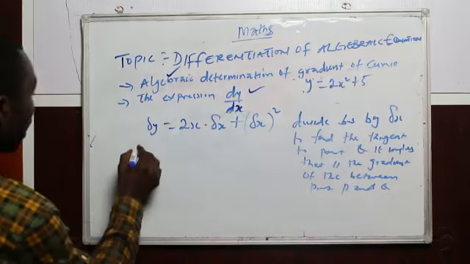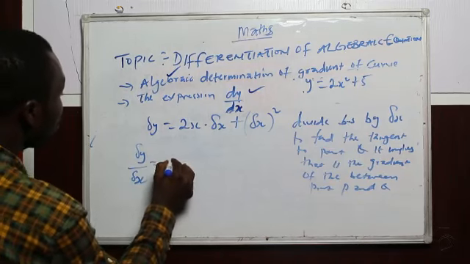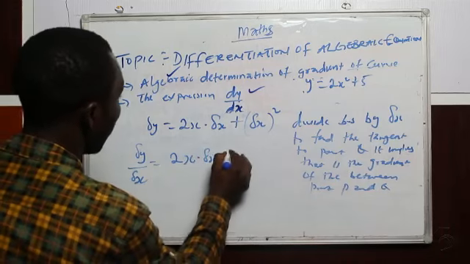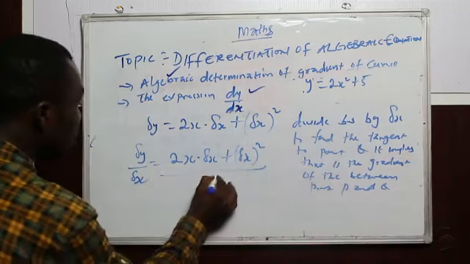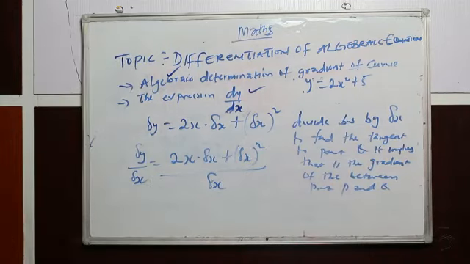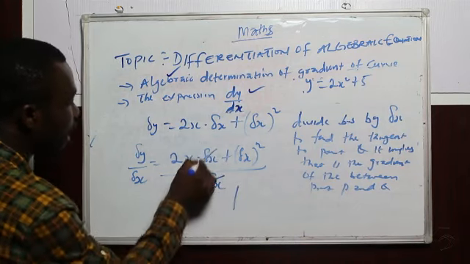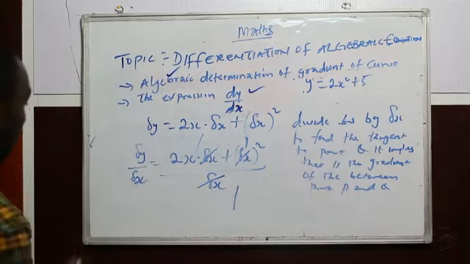Now, when we divide both sides, we have Δy over Δx is equal to 2x·Δx plus (Δx)² all over Δx. Now, Δx can cancel one Δx here. There's another Δx that will cancel. We are left with 1 here.